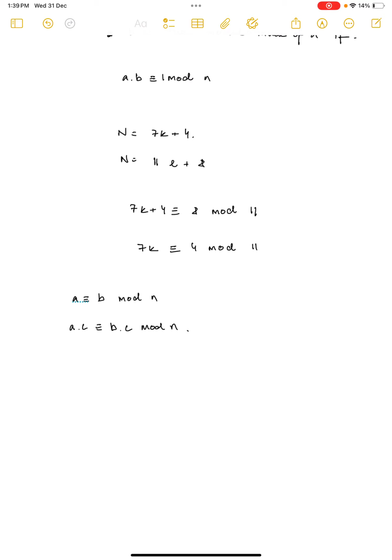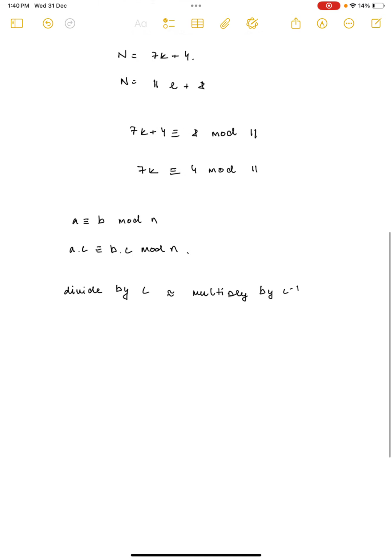That is, dividing by c is equivalent to multiplying by c inverse, where c inverse is the modular inverse of c. So 7 into x, where x is the modular inverse of 7, is congruent to 1 mod 11.